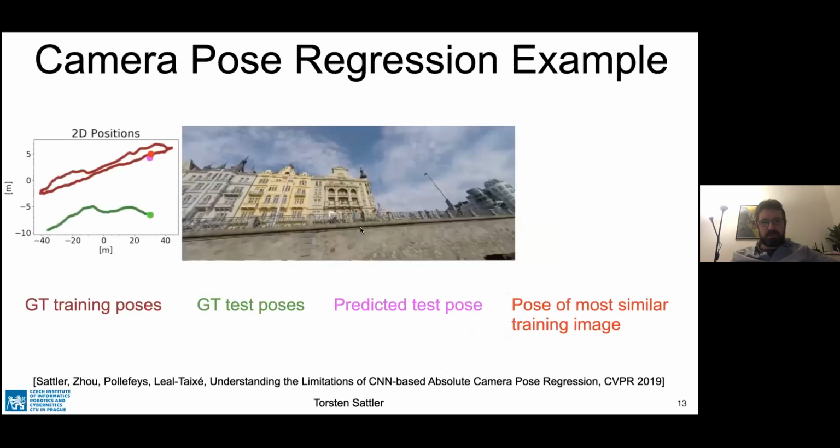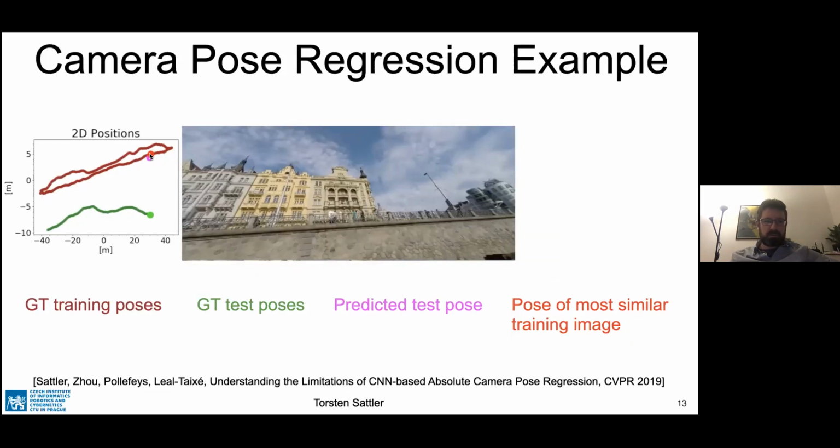And you can visualize what the network learns. What you see here is the test or query image. Here you see a top-down view of the camera positions. These are the training poses. This is the positions of the test poses. This is the pose of the current test image. This is the predicted position, predicted by the network.